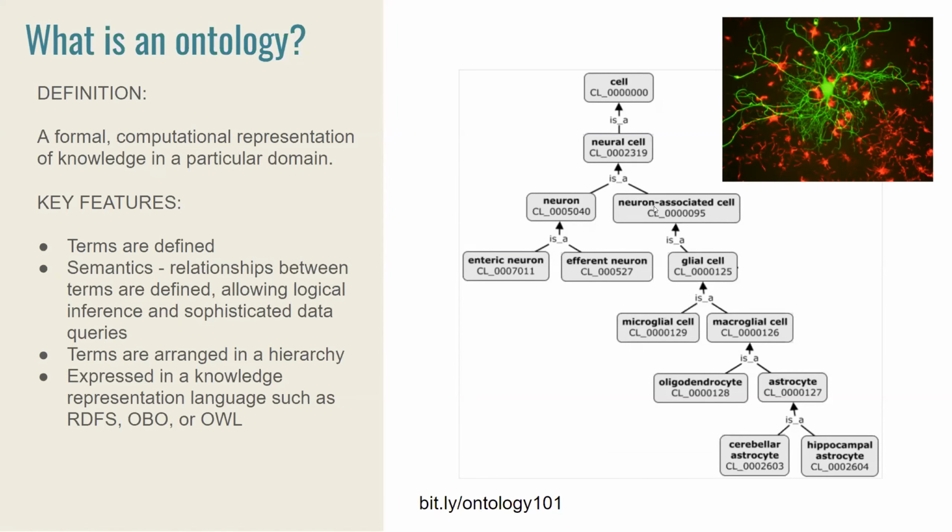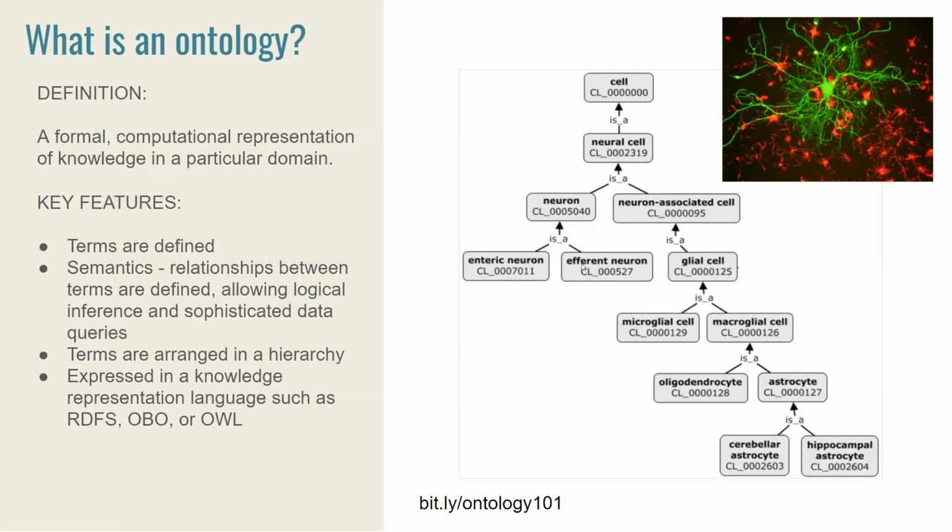The relationships in this ontology are ISA. And so we can see here that an efferent neuron is a neural cell, etc. But these relationships are much more than just an arrow and a phrase, ISA.